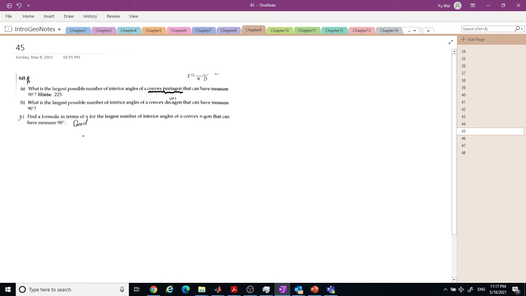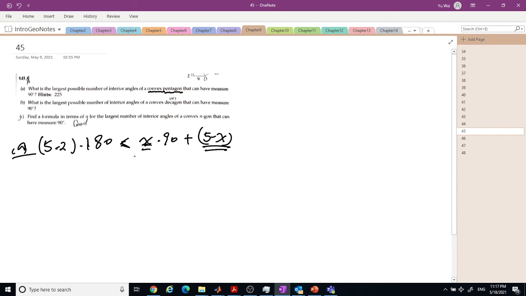So let's do it. A pentagon has a total sum of interior angles of this. Let's assume the number of 90-degree angles we can have is x, so x times 90. Then the rest, we have 5 minus x of the angles left.